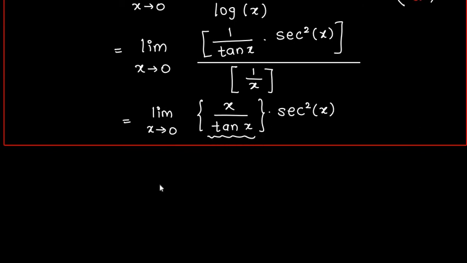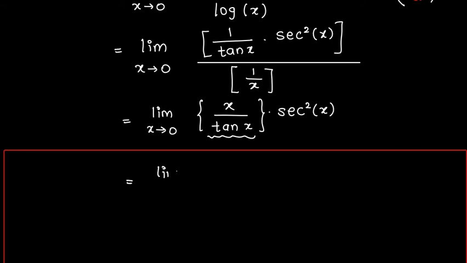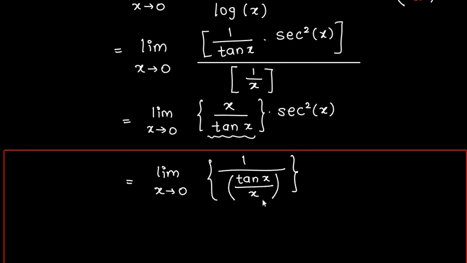If you consider this bracket carefully, we can evaluate that limit as x tends to 0 and rewrite it as 1 upon tan x upon x. And we know the standard formula: the limit of tan x upon x as x tends to 0 is equal to 1, into the same function sec square x. So as x tends to 0, this will be 1 upon 1, and the value of sec 0 is equal to 1. So sec square 0 will be 1. That will be the required value.